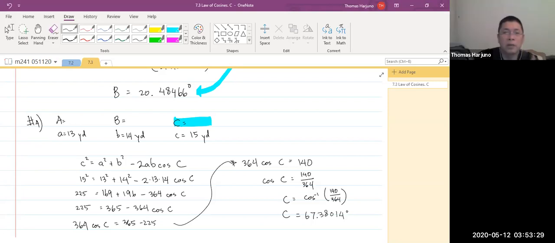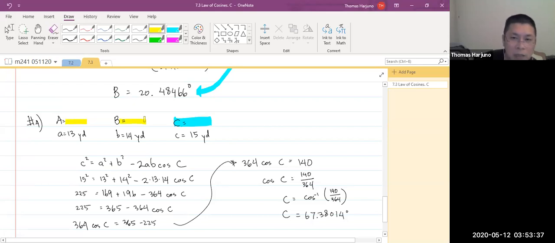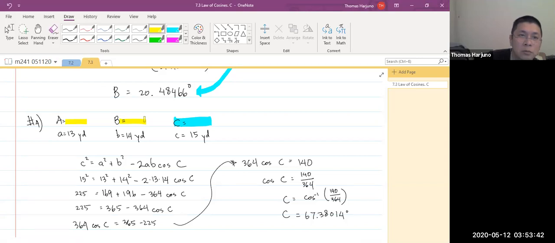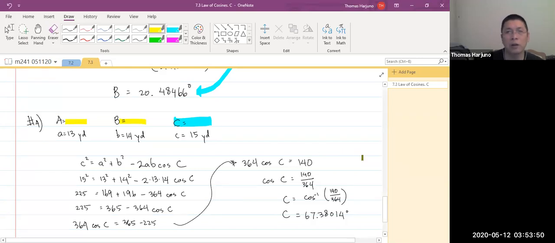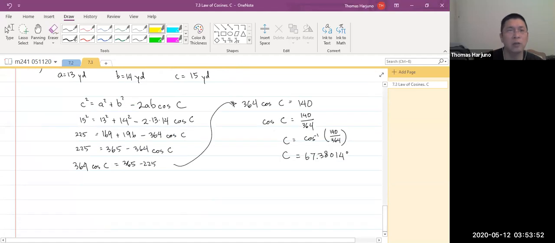Now then, because that C is the largest angle, angle A and angle B definitely have to be less than 67 degrees, right? It must be less than 67 degrees. And because of that, if you dare, using law of sine, I think it's okay.